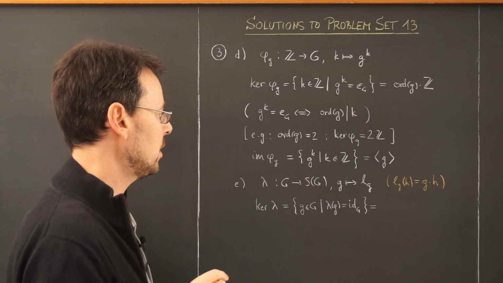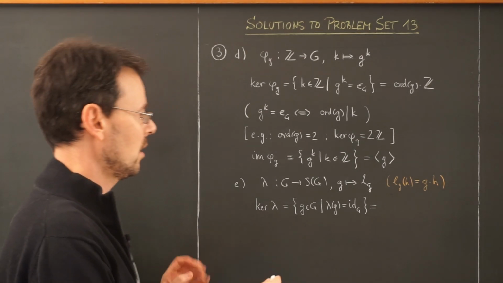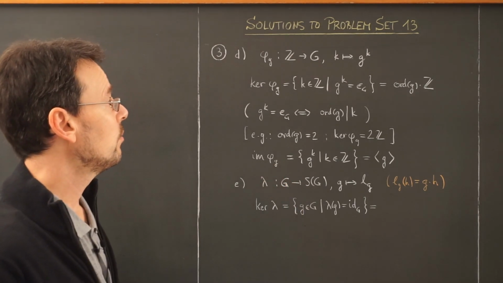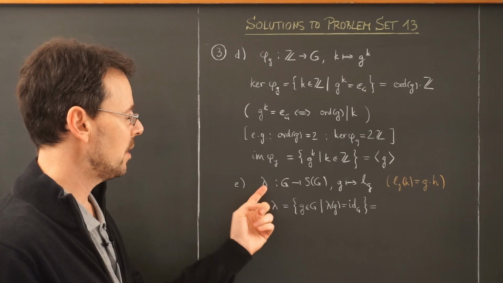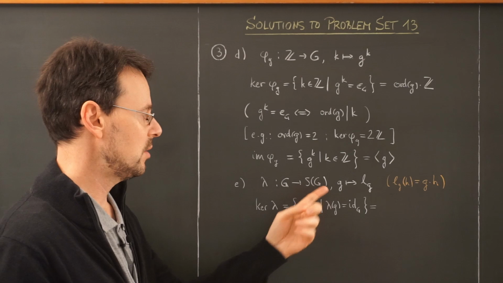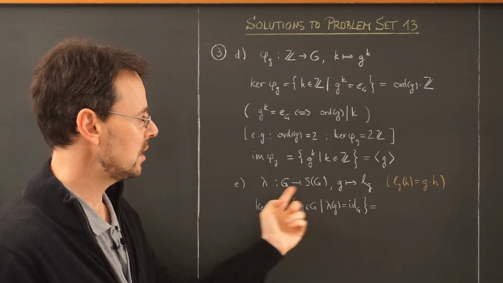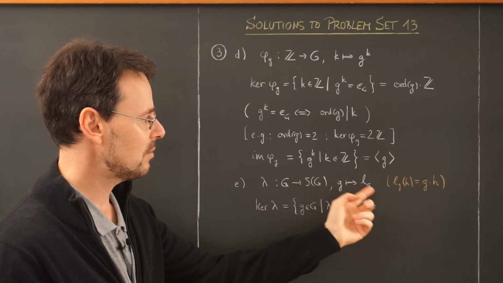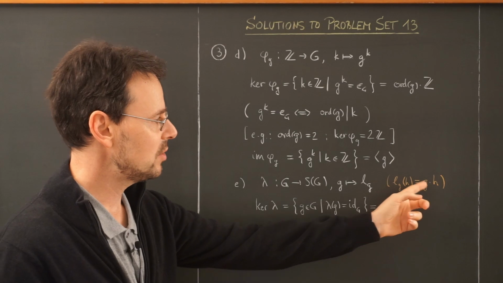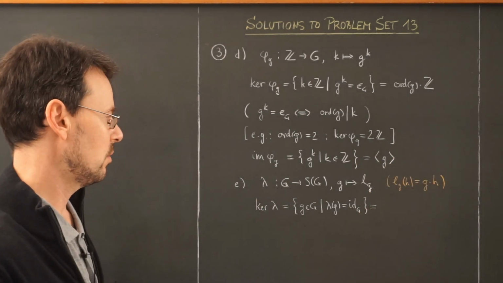Okay, and finally we take a look at this rather abstract or even more abstract map that we discussed at the end of problem set 12. Lambda from a group to the symmetric group on G, consisting of all the bijective maps from G to itself, sending a group element to its left translation, meaning that L_g applied to a group element h is simply g dot h, dot the operation in the group.